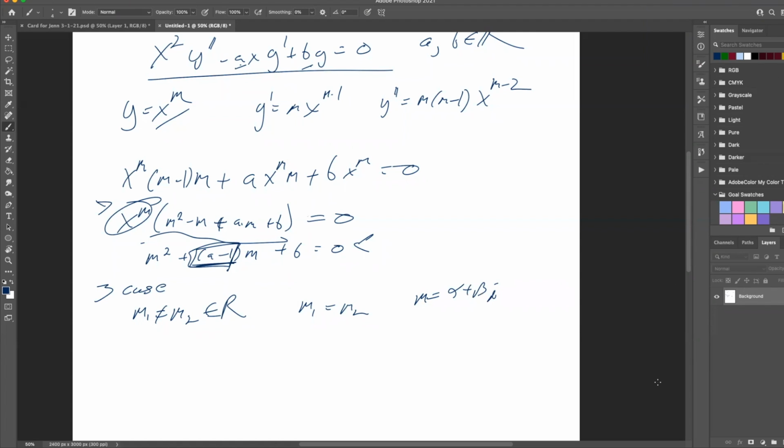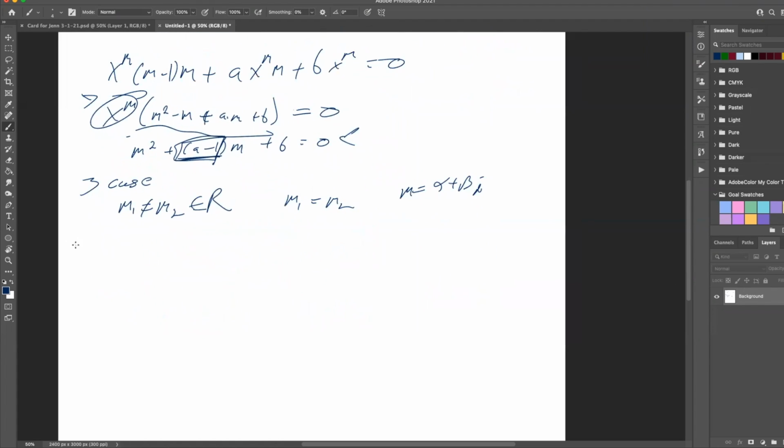Okay. And so let's just crunch through a couple of these real quick. Let me use the example I have here. So I have x squared y double prime plus 1.5 x y prime minus 0.5 y equals 0. If I was going to solve this, how would I do that?